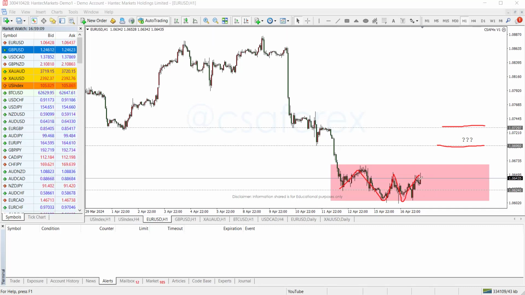Or the market could as well break the lows of this range and then continue to drop lower, and then you could expect this area to now act as resistance.